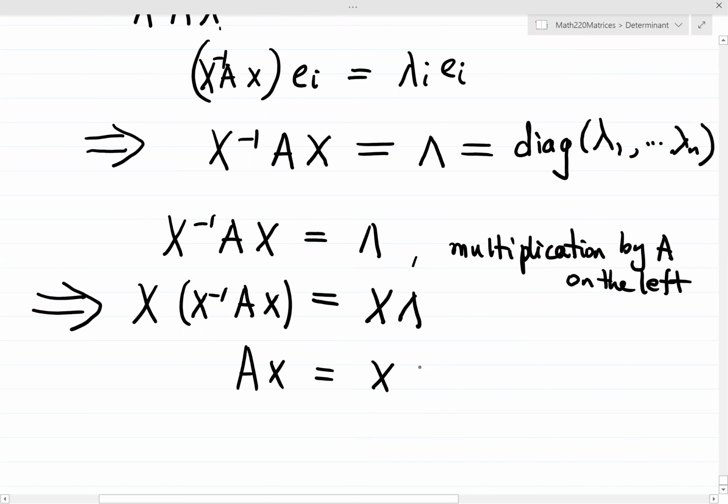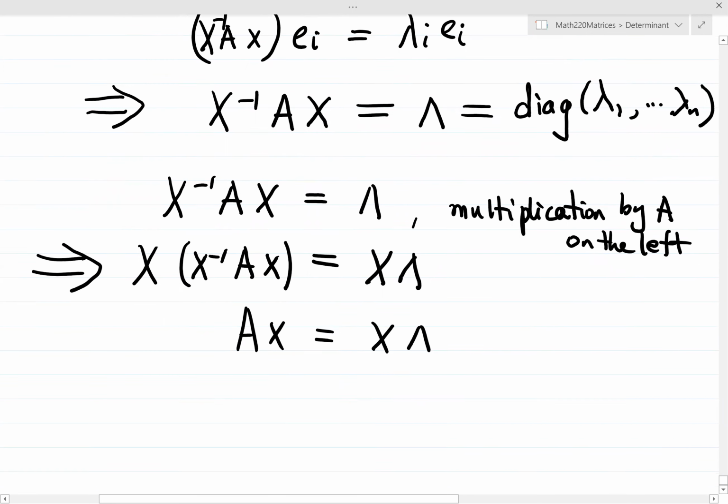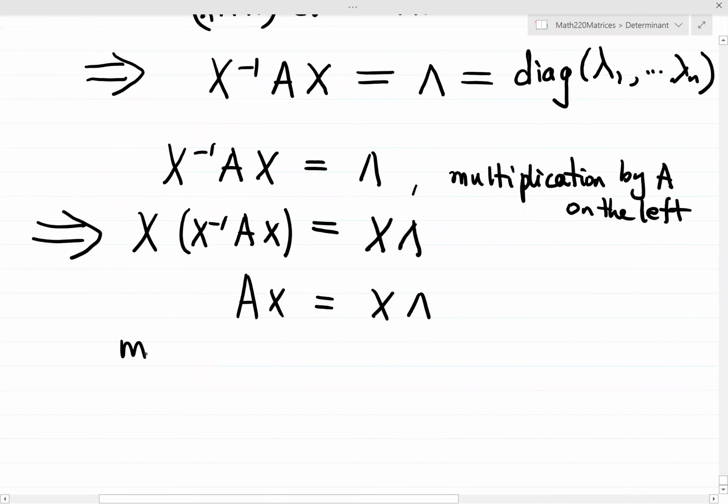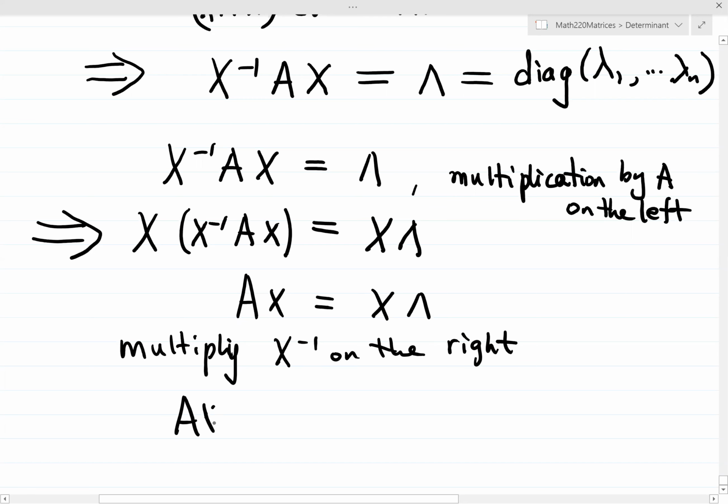And then we multiply by X inverse on the right. So we get A X X inverse equals X gamma X inverse.